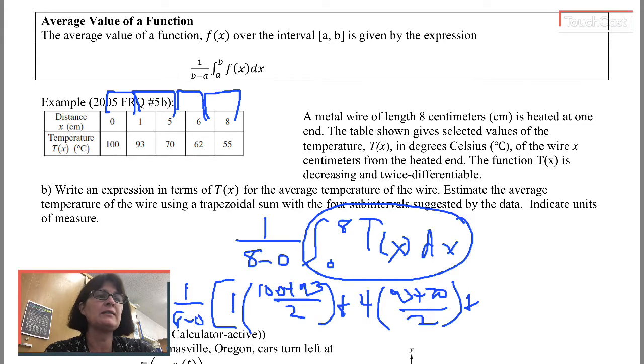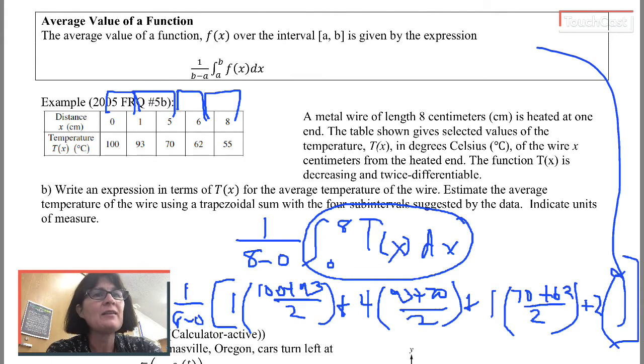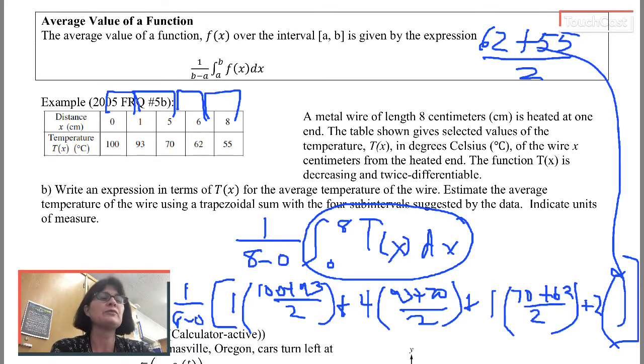The third trapezoid, a distance of 1, average the heights, so 70 plus 62 over 2, plus one more. So a distance of 2 across. Thank you for your patience with me. I'm going to try to sneak that in. That's going to be 62 plus 55 over 2.